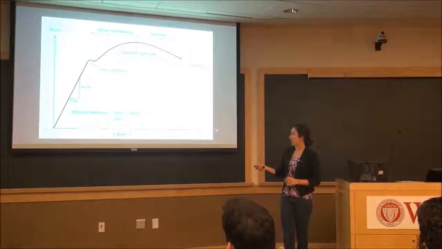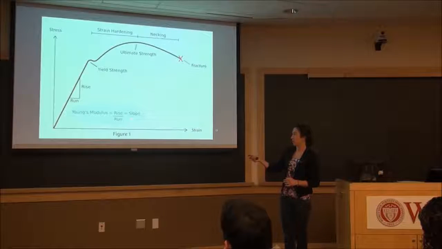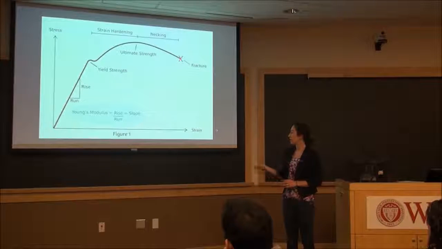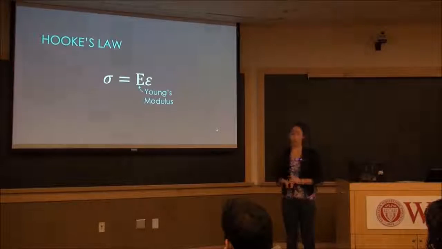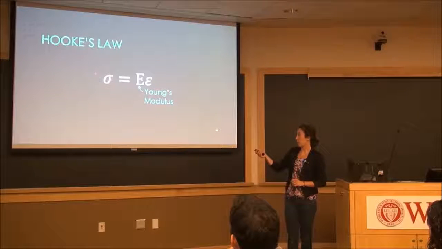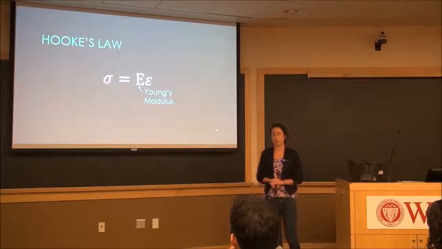Looking back here, our Young's modulus is defined as the rise over run, or the slope of the linear portion on the stress-strain curve. We use Hooke's law to relate those two. Stress is our y-axis, strain is our x-axis, and you're multiplying by a constant, the Young's modulus, to get the relationship.